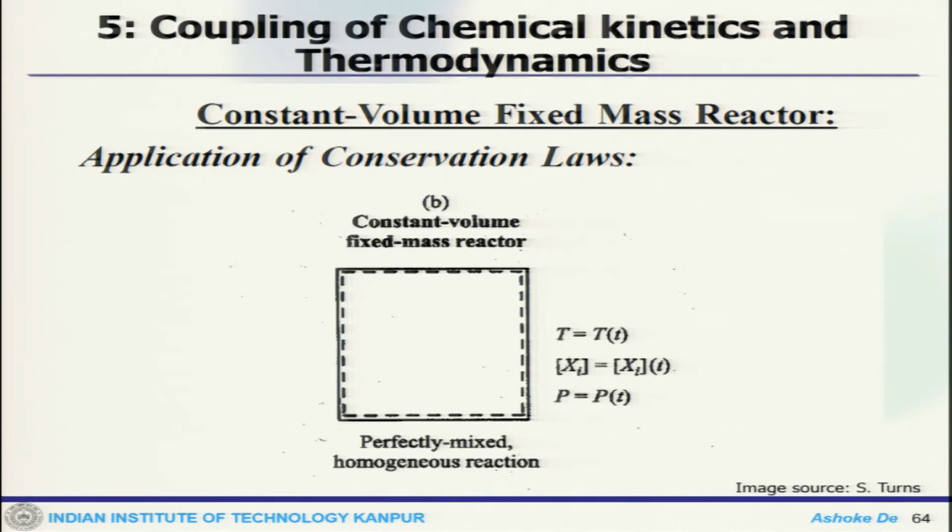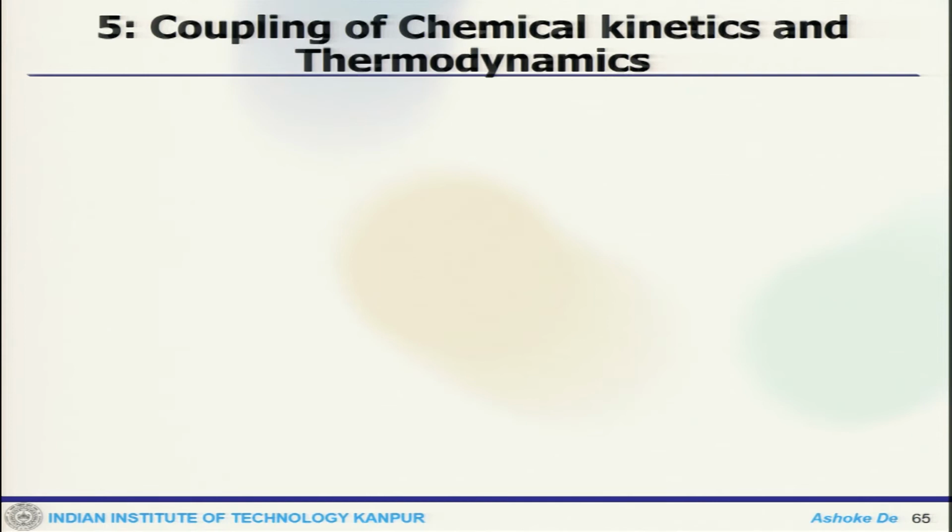Now, we will move to the next reactor, which is a constant volume fixed mass reactor. So, this volume is fixed and things only change with time. Again, in this case the energy equation will apply, which will be similar to the constant pressure case, with only one exception. In this case our W dot is 0 for V constant.